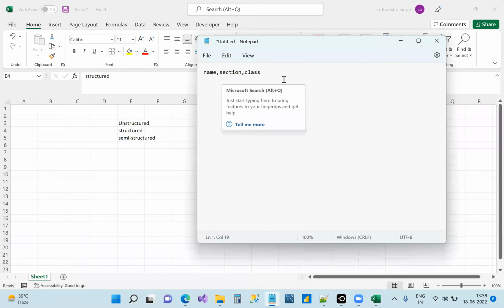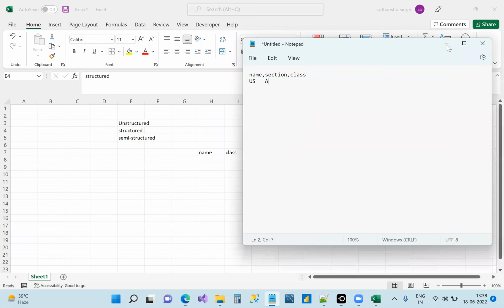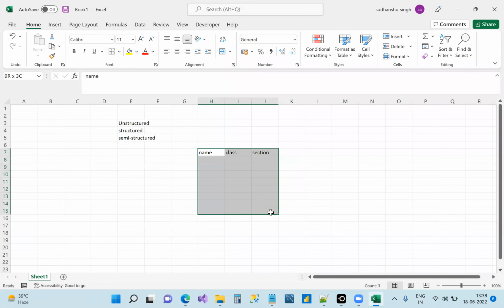If I put my values like this, for name, suppose US, and section, suppose A, even this is structured. So it is not necessary to be in tabular form, but we generally give the example of tabular because it is easy to understand. Did you get hold of what structured is?